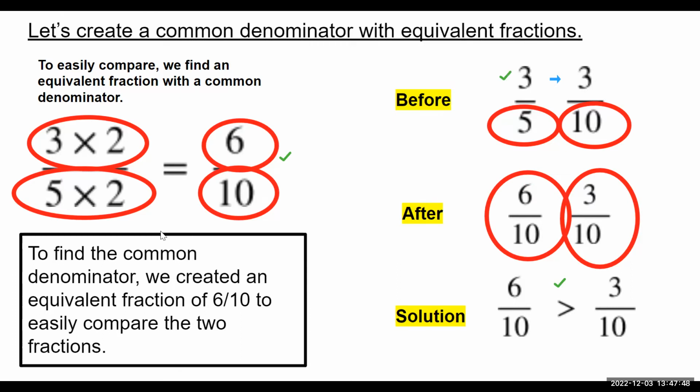That is what we do to compare. We use our prior knowledge of equivalent fractions to help us compare fractions more easily. And now that we have common denominators, we can easily compare those two fractions.